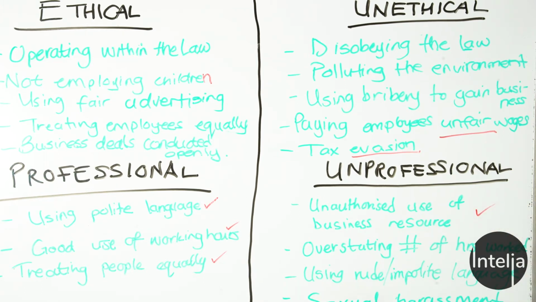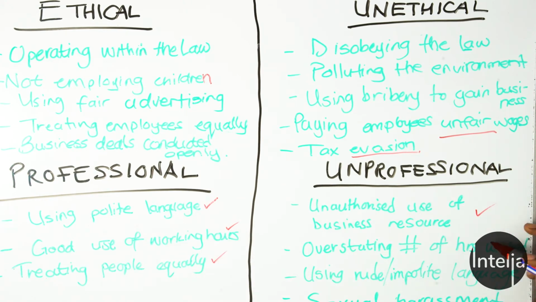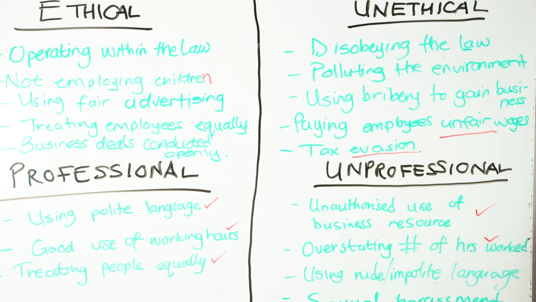The next one is overstating the number of hours worked. People like to do this, saying, instead of working 9 to 5, I work 6 to 7, which would be more than 12 hours, which means you're overworked, and it's actually illegal to overwork to a certain extent.